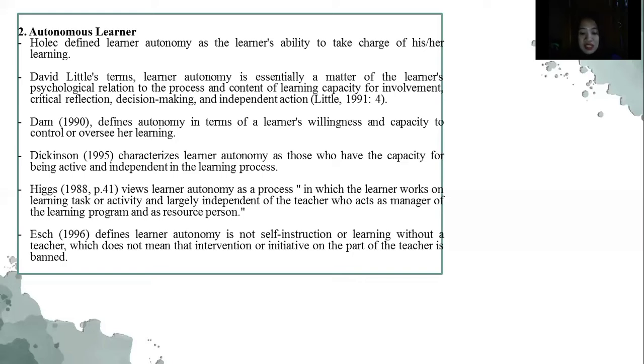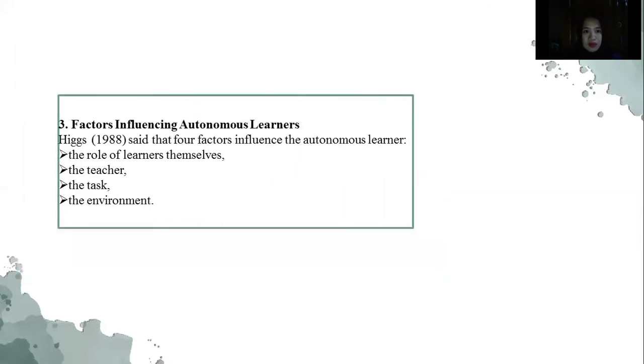We understand that the autonomous learner has responsibility for all decisions that they have chosen in their learning process. In other words, they already know what they want to learn, in the sense that they act independently of the teacher without waiting for what to do from the teachers. Third, factors influencing autonomous learners.